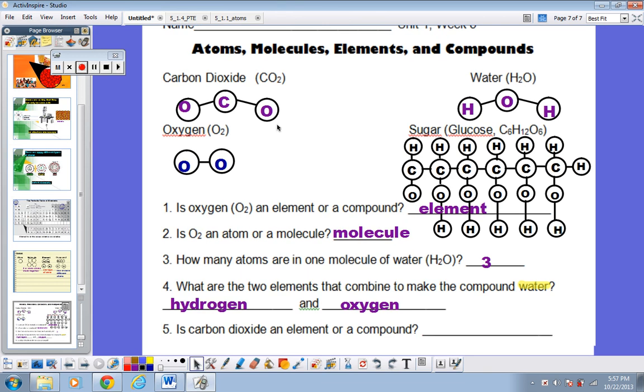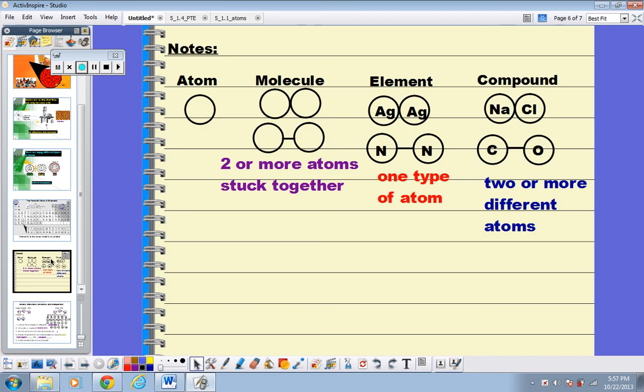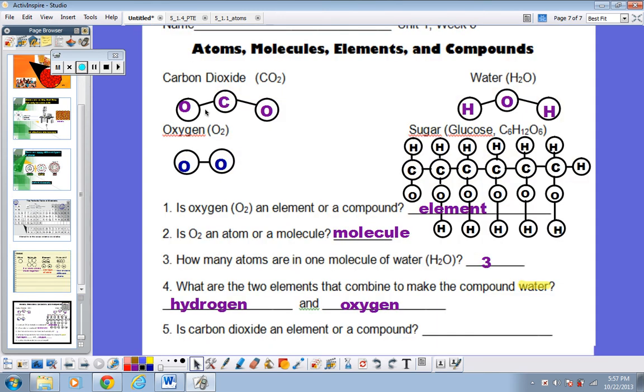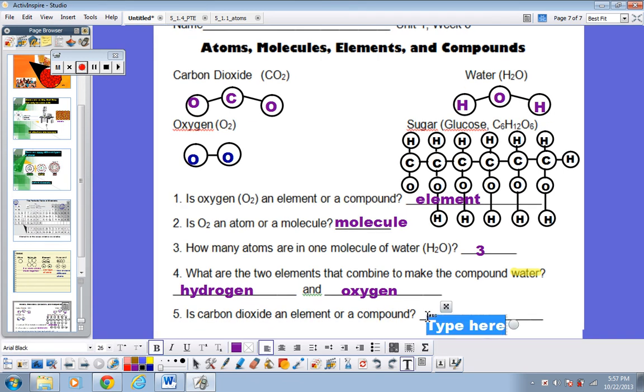Look at this. Is this an element or a compound? So check your notes again. Element is 1 type of atom. Compound is 2 or more. Let's look back. We have O and C. Those are different. So carbon dioxide is actually a compound. Did you get it right?